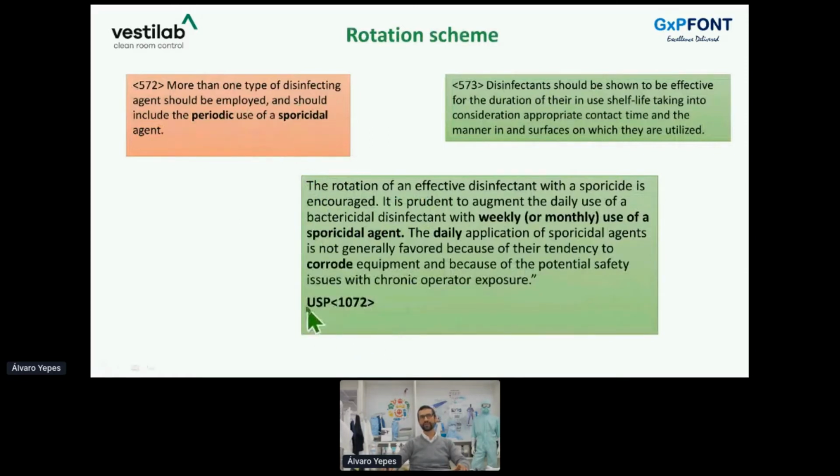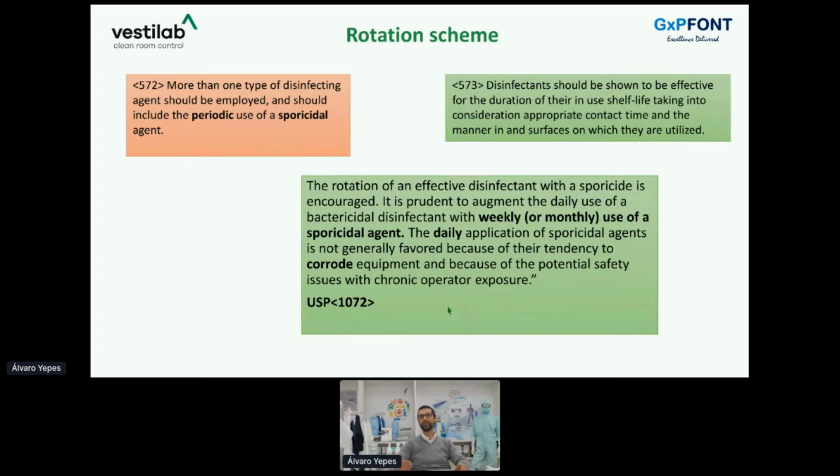For example, USP 1072 clearly states that the daily application of sporicidal agent is not recommended. Why? Because these are highly corrosive molecules that leave a lot of residues. Therefore, if you use them daily, you need to have a very thorough cleaning protocol afterwards.